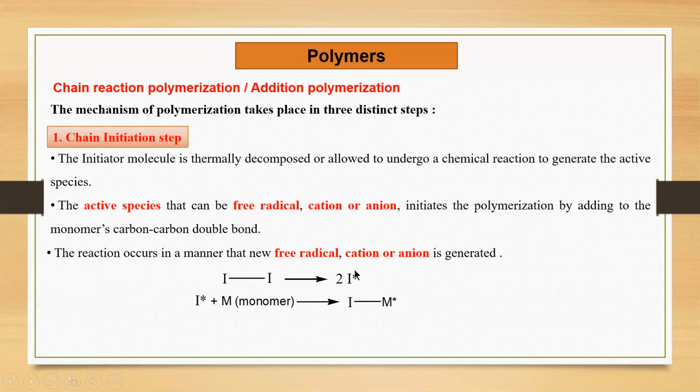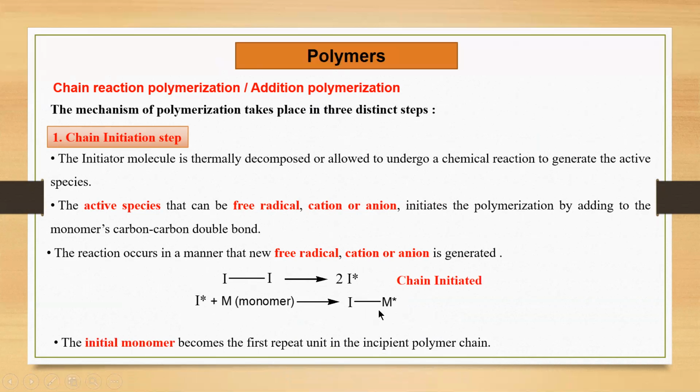This I is a general notation for active species, may it be a free radical, a cation, or an anion. This initiator produces active species which further attacks the monomer to generate the active monomer. That is, when this active species attacks the carbon-carbon double bond of the monomer, the monomer is activated and a new active species is generated. So this is known as chain initiation.